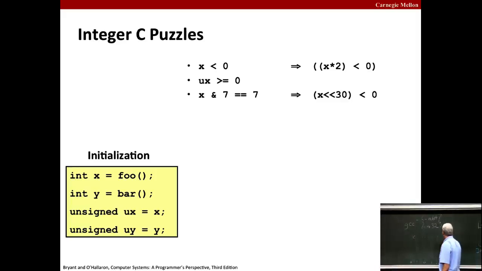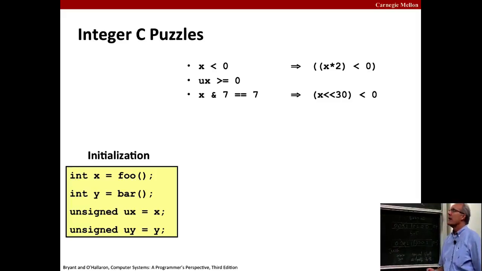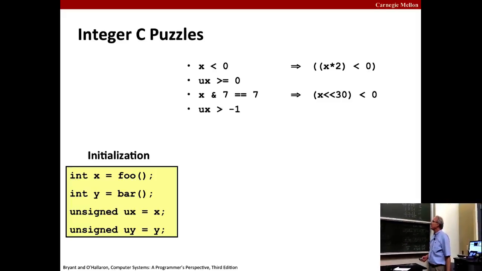And I shift that by 30. And these will be the only 2 bits that are left after the shifting, and they will be in the most significant position. So what can I say about that number? It's negative. So this is a true statement. Rather obscure, but it is true.